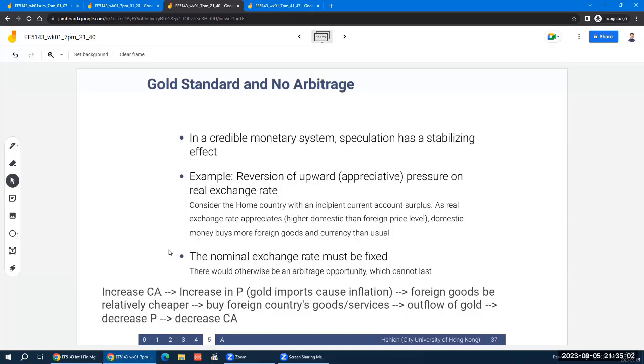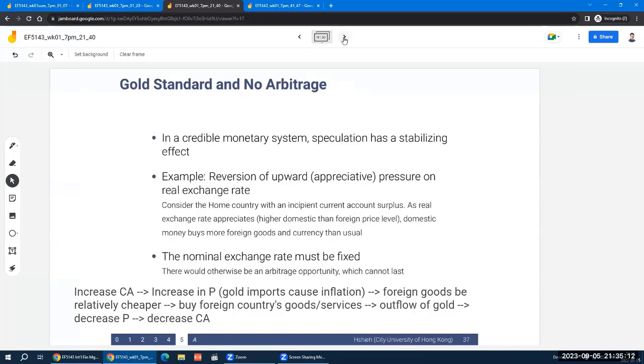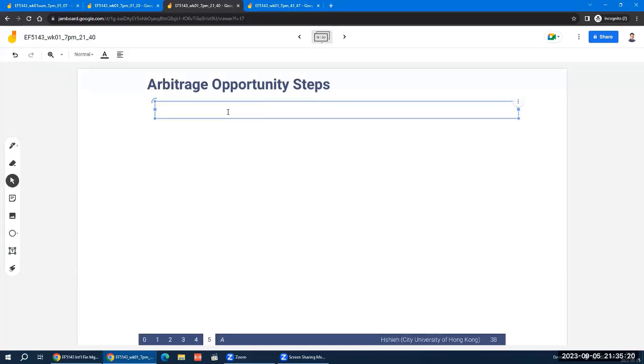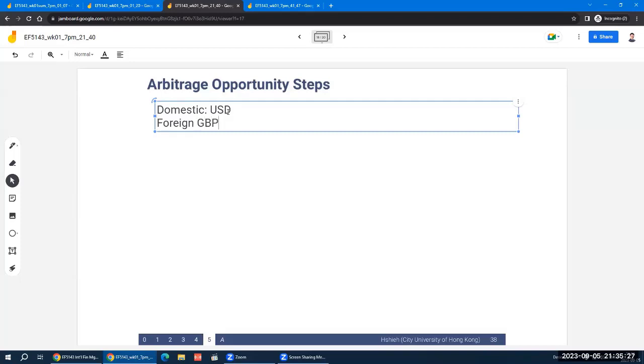All right, but even in the financial markets, I can show you, as I promised earlier, that arbitrage should not be possible under this pegged exchange rate regime. So let's go through an example, shall we? Suppose the domestic currency is US dollars and the foreign currency is British pounds.